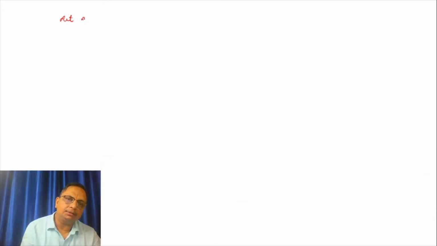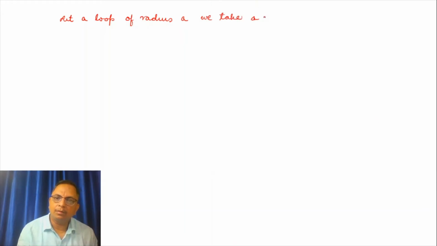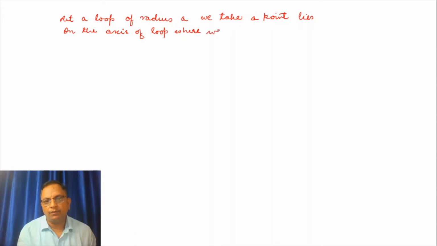Let a loop of radius a, we take a point that lies on the axis of the loop where we calculate the magnetic field.